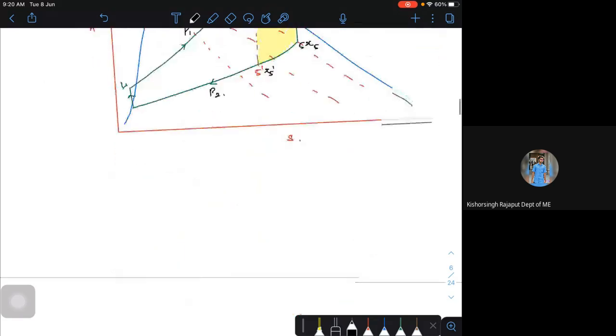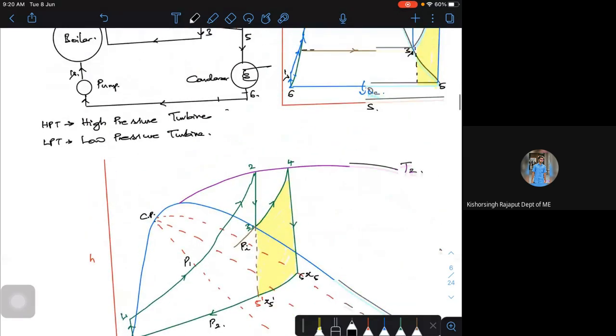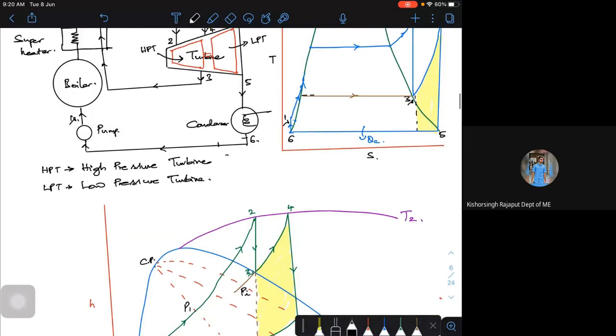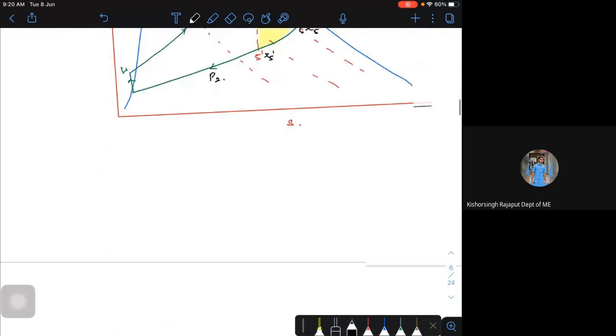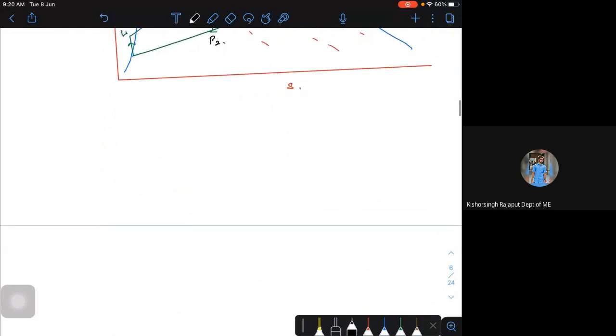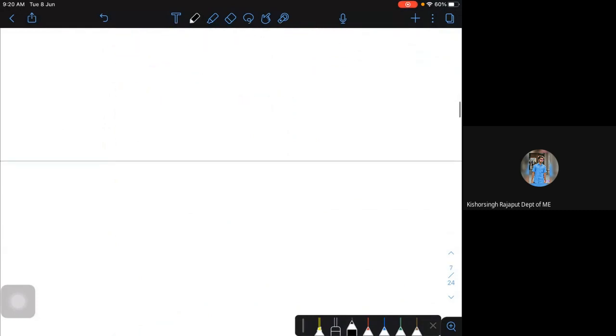Let me write that. Hope you understand everything I explained. I put the coloring on the TS diagram and HS diagram, so it will be easy for you to understand. Let me go to what exactly we studied.